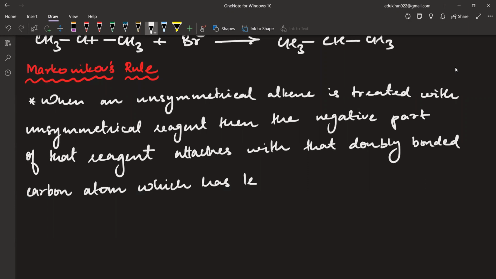Which has the lesser number of hydrogens. Okay.